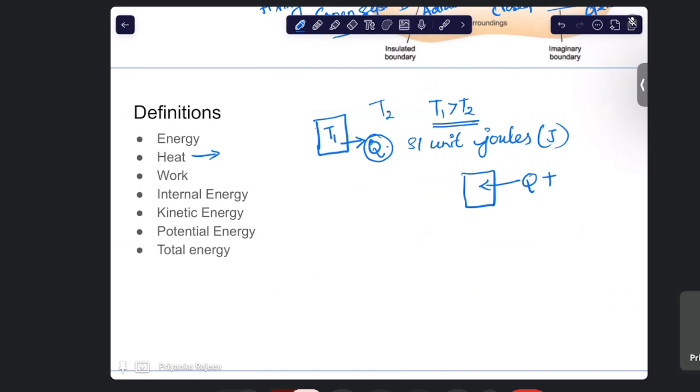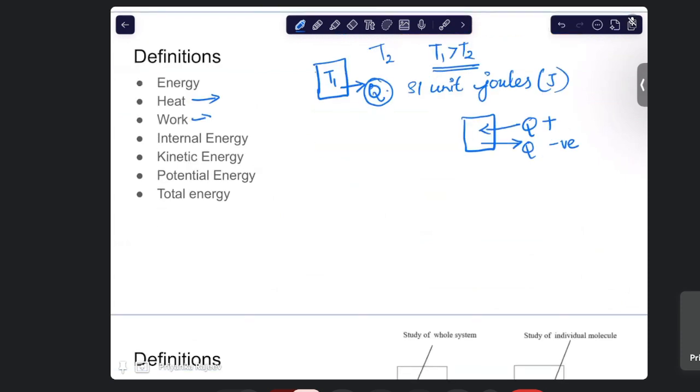If heat is going from the system to the surroundings, then it will be negative. That is the convention that we follow.